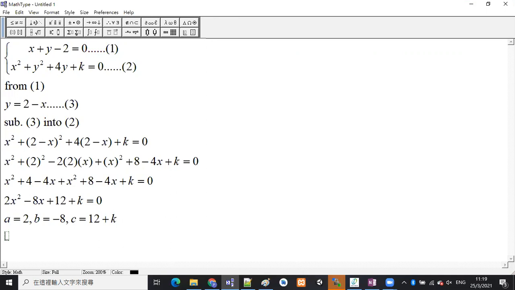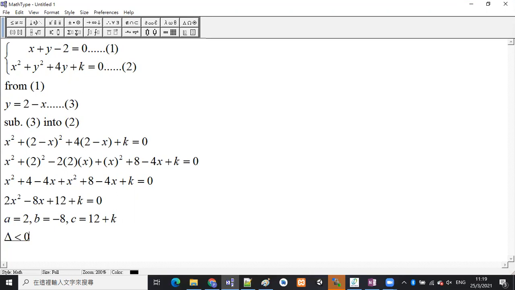And because the keyword this time is do not intersect, which means that this quadratic equation should have no solution. Okay, we should not be able to find any intersection points because the question tells us that they do not intersect. Okay, so this quadratic equation should have no solution, which means that the delta should be less than 0.